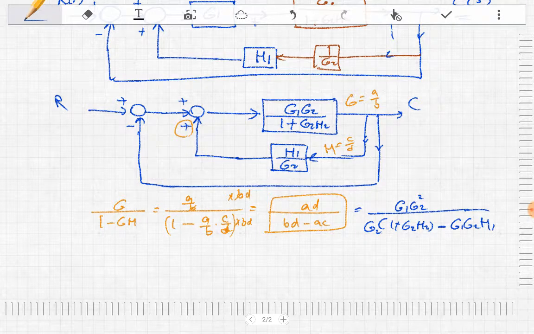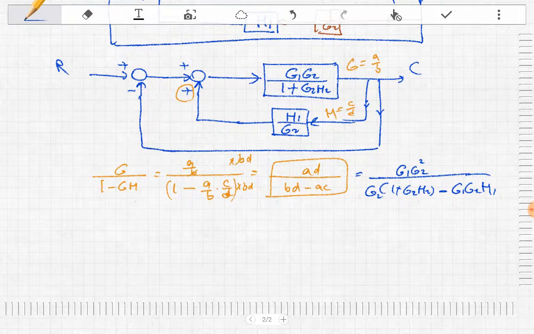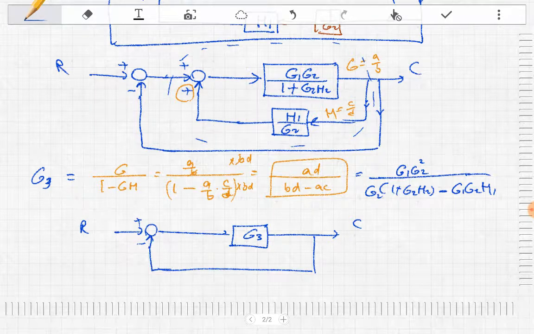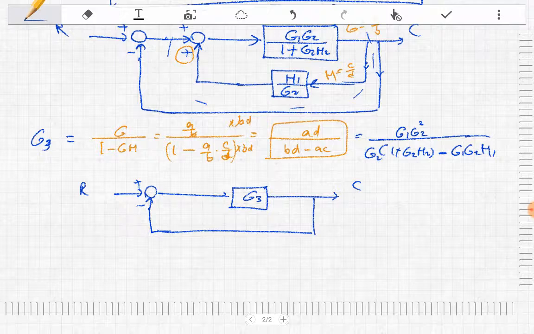With this part. So I'll put this block. Sometimes, it will look messy. Call this one all G3. The whole thing here called G3. So I'm going to remove all this block and I put G3. So you have here G3 block, and then you got the summing point, R, C, and then you got just one more feedback. But what's H? There is no H here. Is it 0? It's 1.